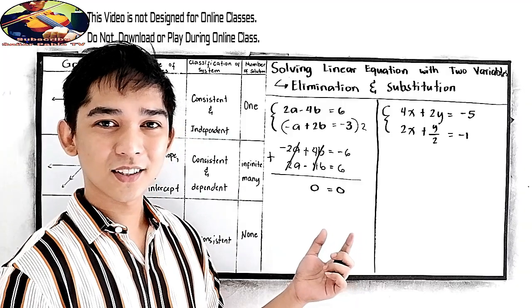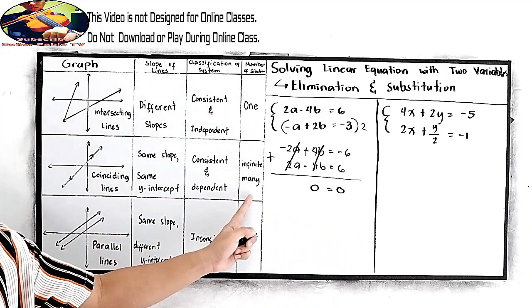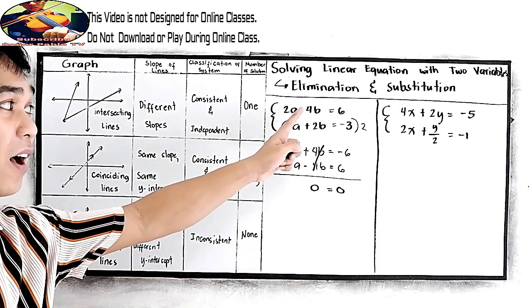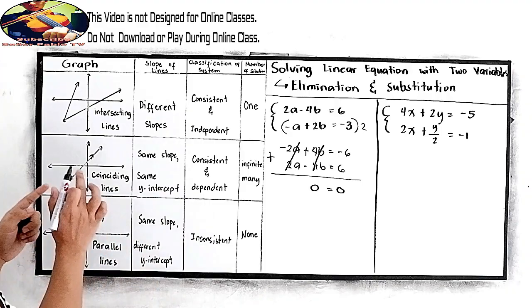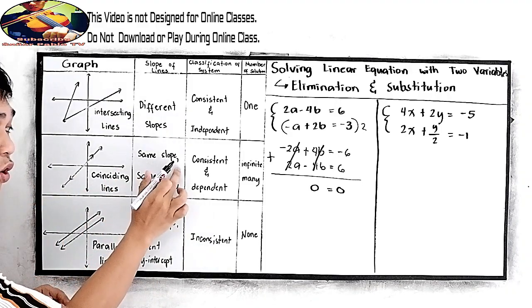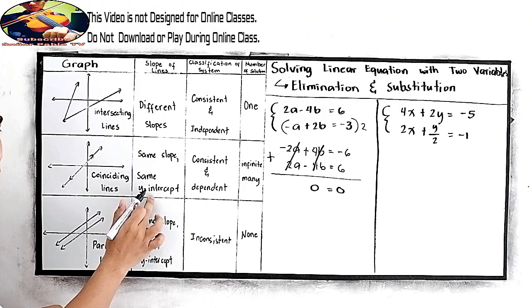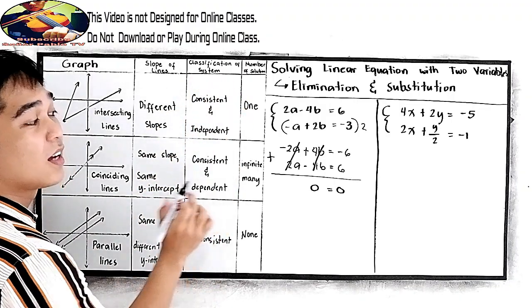That gives us infinitely many solutions. If we're going to graph equation 1 and equation 2, this will be our graph. They have the same slope and the same y-intercept. And for the classification of the system, consistent and dependent.